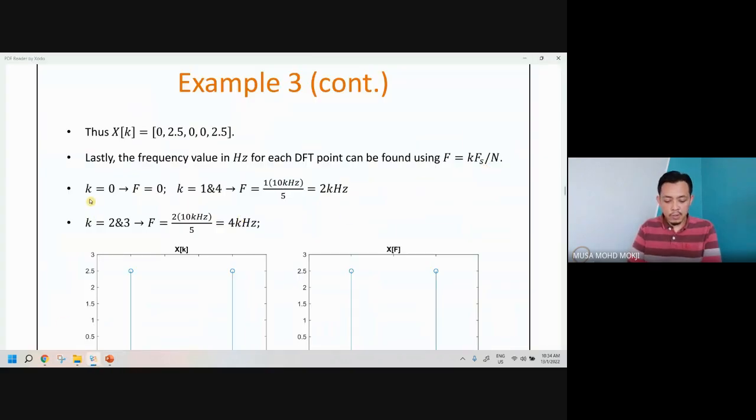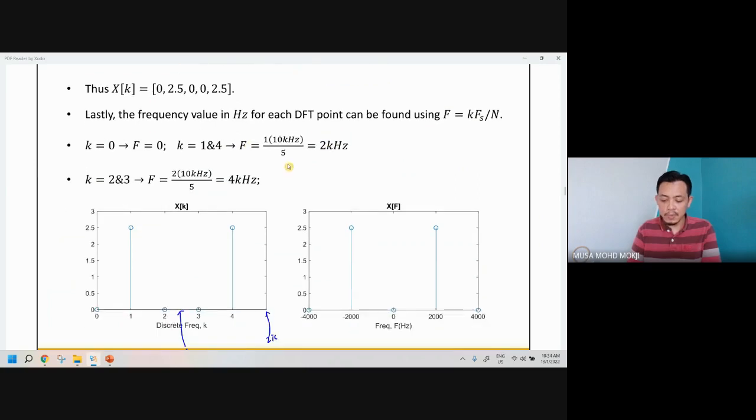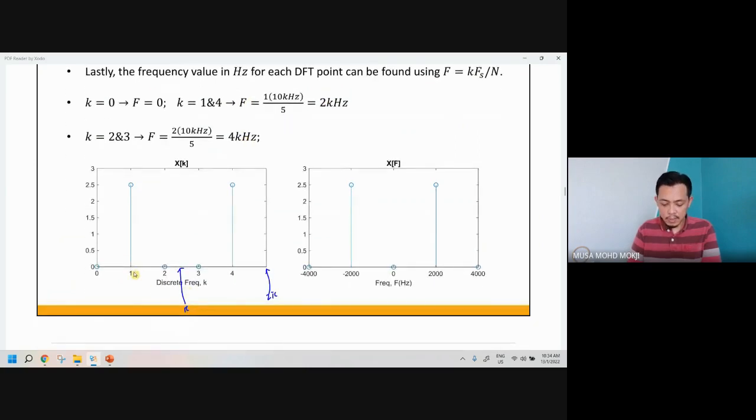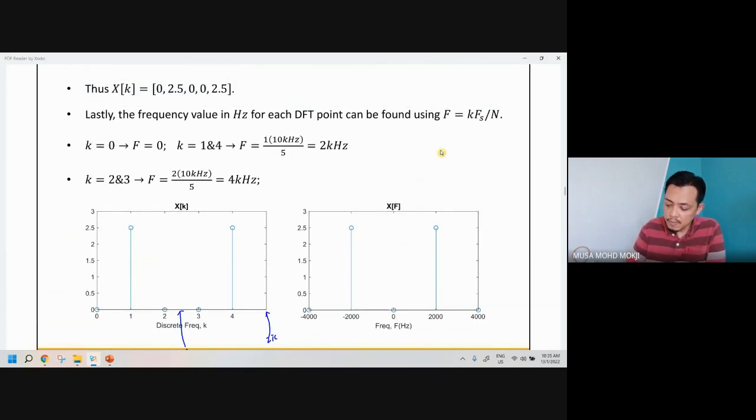Okay, so let's do that. For k equal to 0, f is 0. If this is 0, then everything becomes 0. For k equal to 1, f is equal to fs over n, and fs is 10,000, divided by 5, so you will get 2,000.